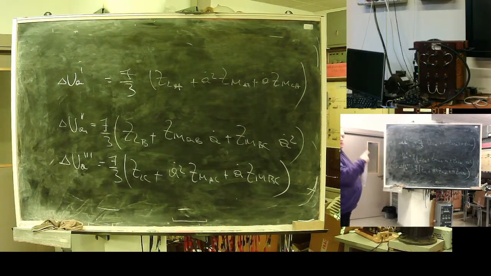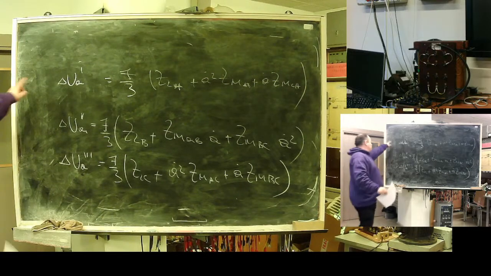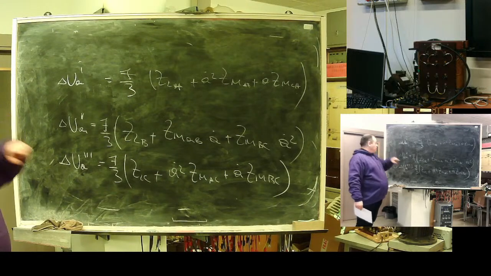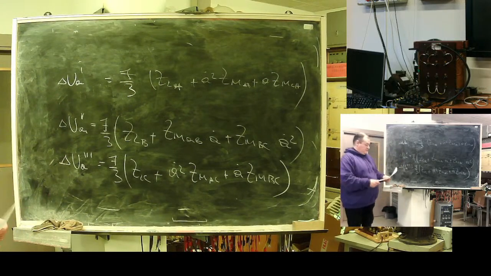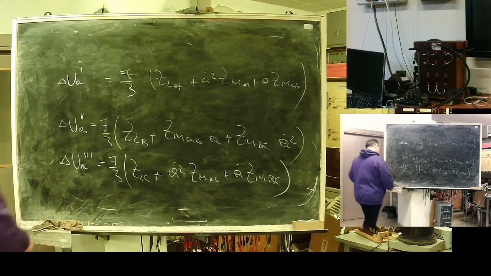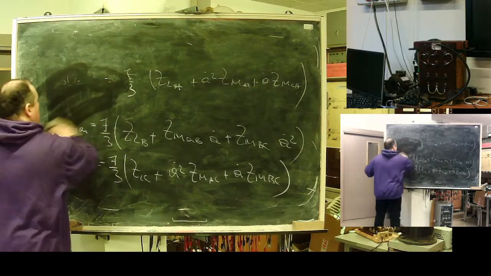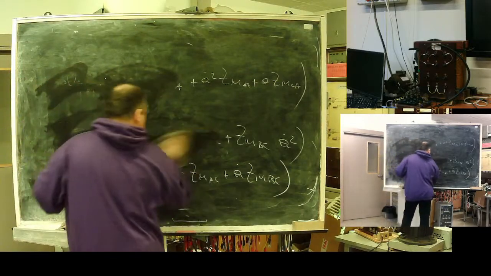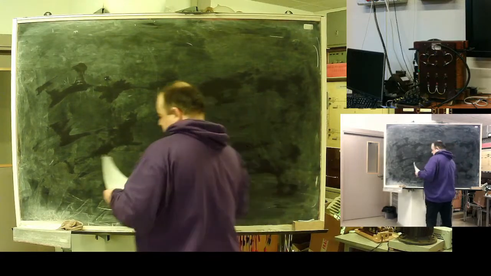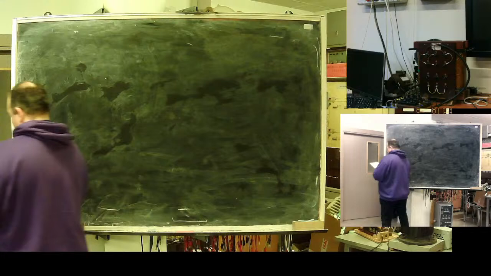I need to sum them. It's for the first, second, and third stage of transposition. Summary voltage drop will be the sum of them. So I will get something like this.